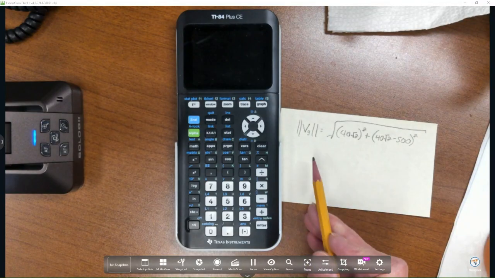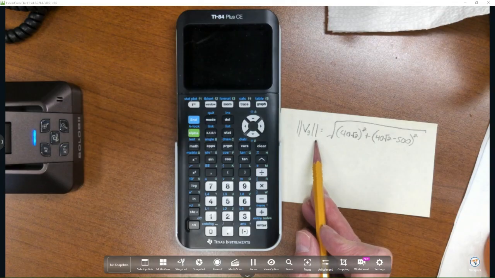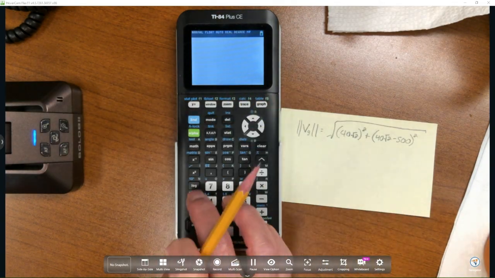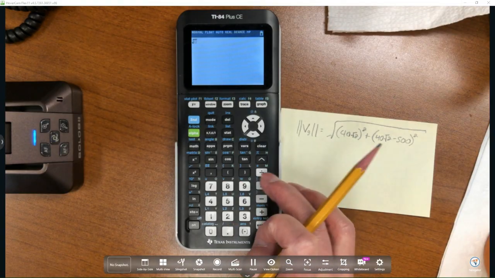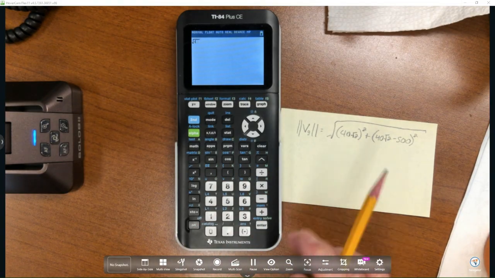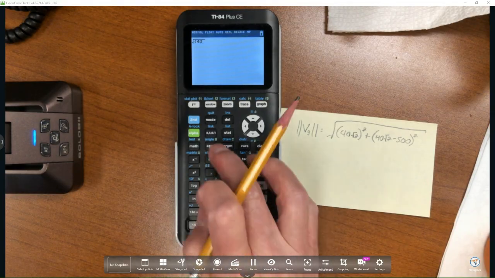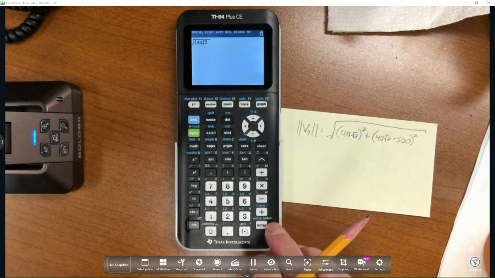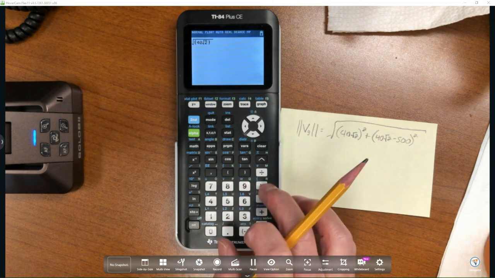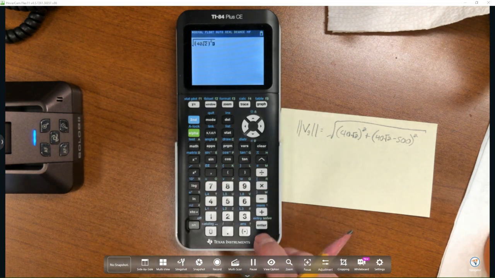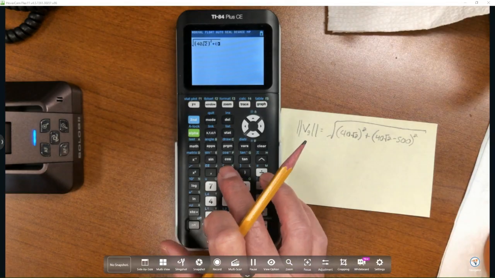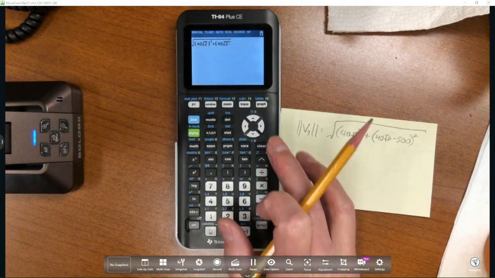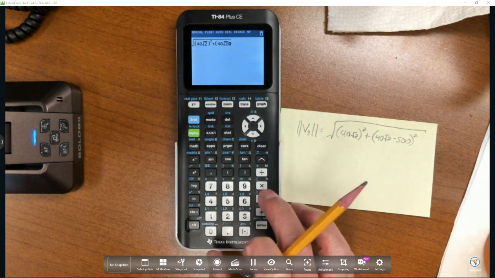All right, to find the velocity relative to the ground, we need to put this into the calculator. So I'm going to take the outer square root, and I'm going to enter parentheses to create this 40 times the square root of 2, another square root of 2. I arrow right to get out of that radical, and then just hit the square. We're adding another open parenthesis, 40 square root of 2 minus 500.